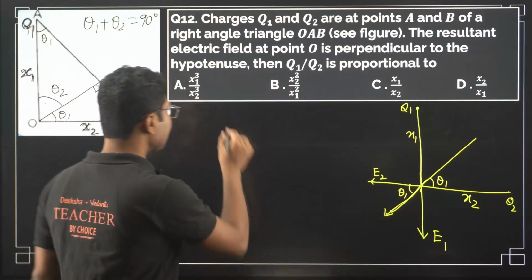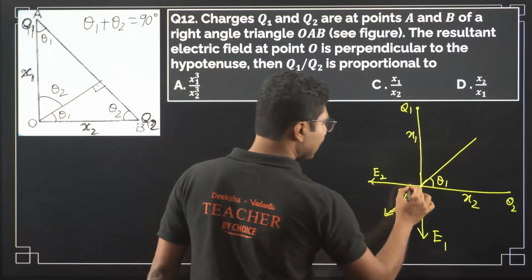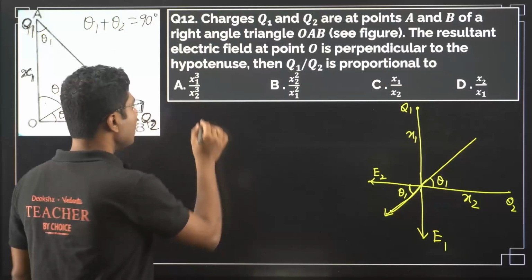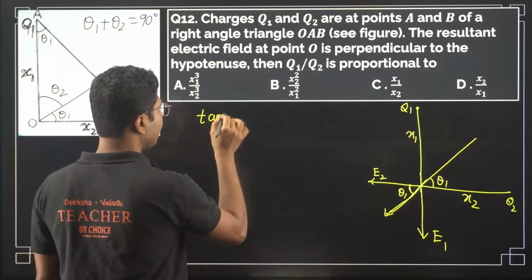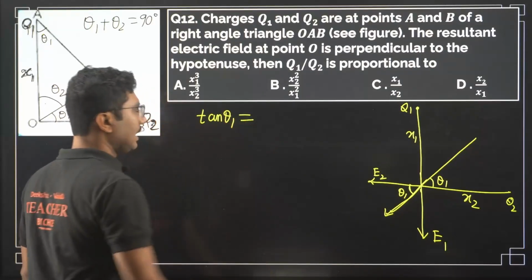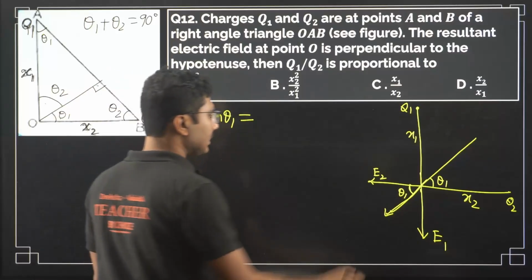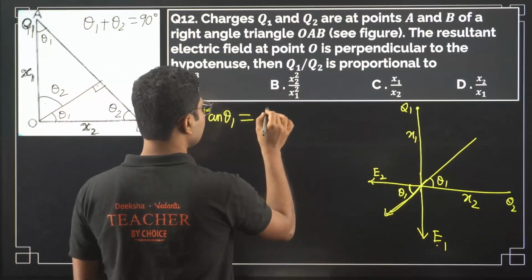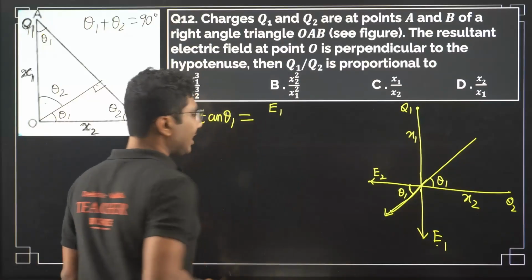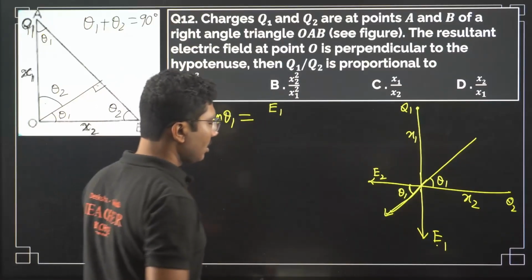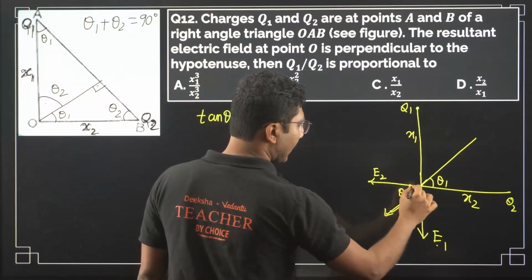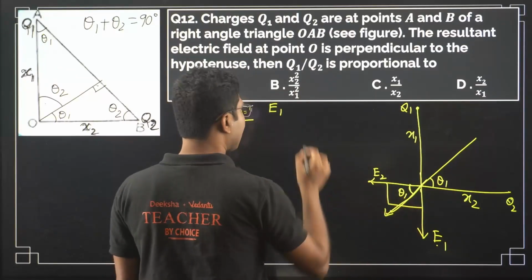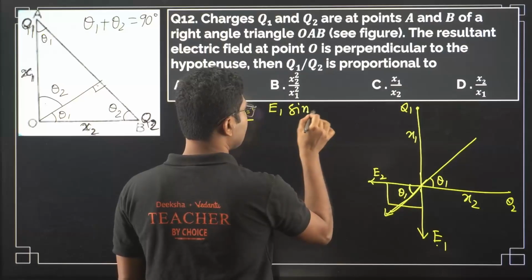Okay, the resultant angle theta 1 is known. So tan theta 1 is basically E1 sine of the angle. Sine of the angle means this angle, that is 90 degrees, sine 90 degrees.